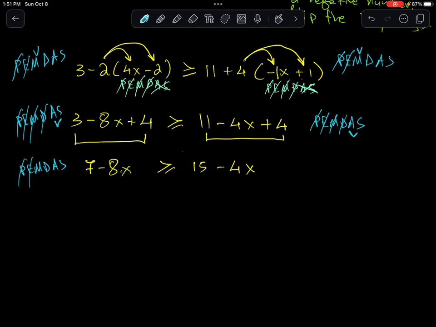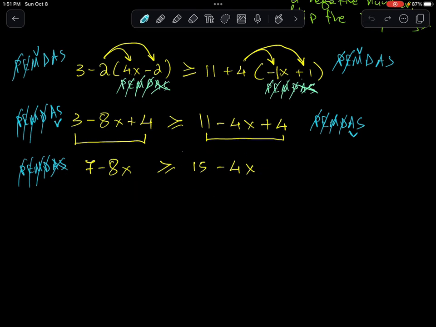Yes. 8 times x, but I don't know x, so I can't do it. Division? No. Addition, subtraction? Yes, but 7 and negative 8x are not like terms, so I can't do addition or subtraction. That means there's nothing else to do on the left. I'm done for the left hand side.